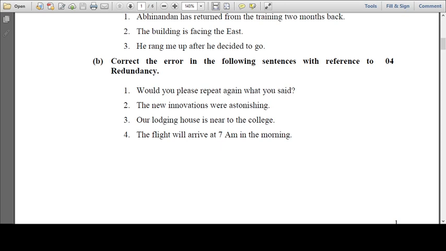Samir, Nancy, Parthiv, Meet, Mike, all of your answers are right. The word house is not required, because in lodging house, the meaning of house is itself there, so the right answer is: our lodging is near to the college.